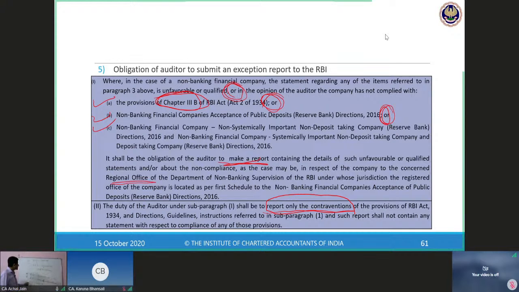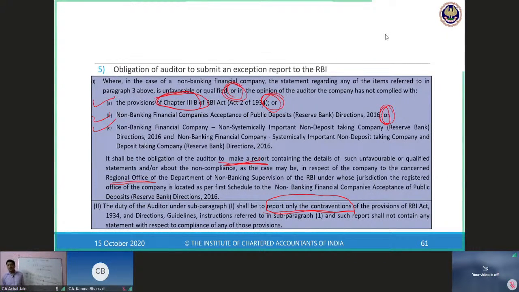Now let's look at option number C. Option number C is also capturing option number A within itself. But it says along with the reporting to board, the reporting will also be done to the RBI, and that will be for this contravention. So do we think that the reporting to RBI is required? I think it's there on your screen.